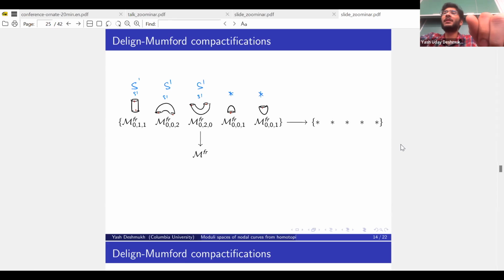So we notice that we are pushing out along a map which maps all the components to just points. So in particular, it's mapping these S1 families, which are homotopically essential in the moduli spaces of annuli, into points. So basically what we are doing is we are taking these S1 families in framed Riemann surfaces and we are trivializing them by mapping them to a point. So that's kind of the content of this pushout.